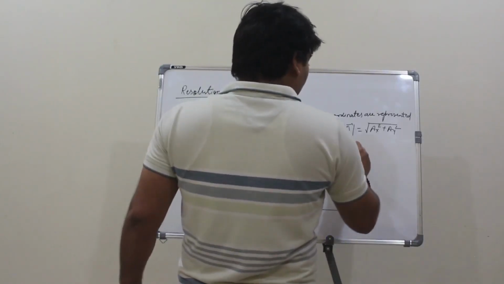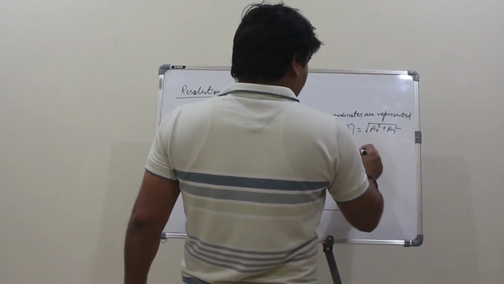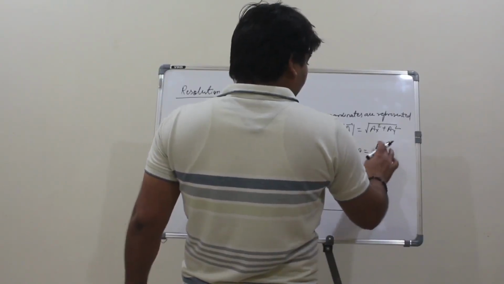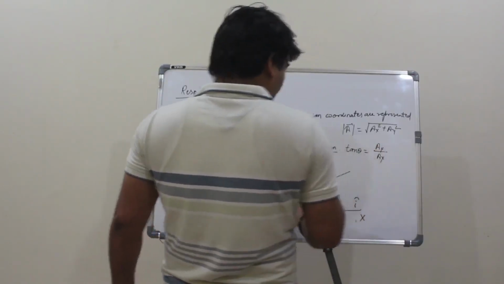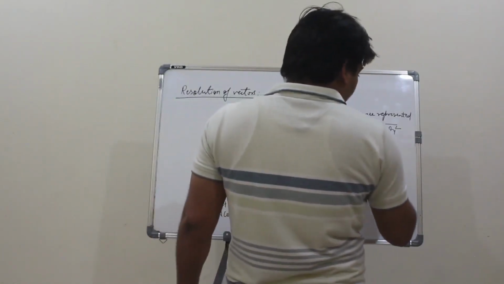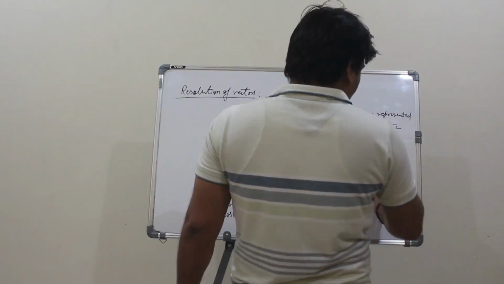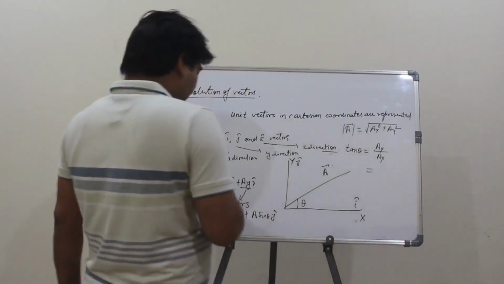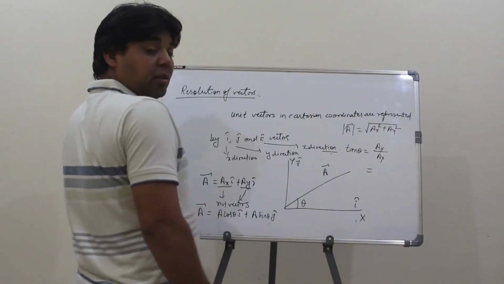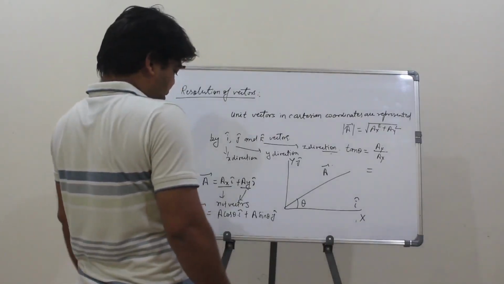Now, to find this angle, tan theta will be Ay by Ax, right? Ay divided by Ax. So what is that? It is A sin theta divided by A cos theta, right?